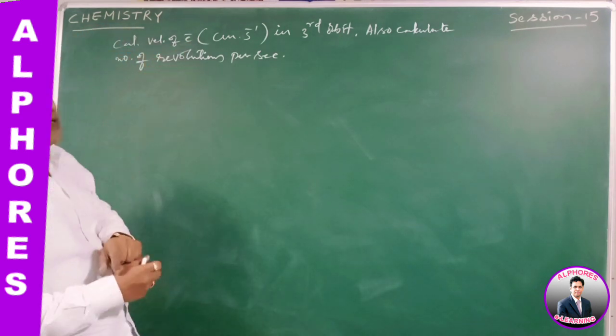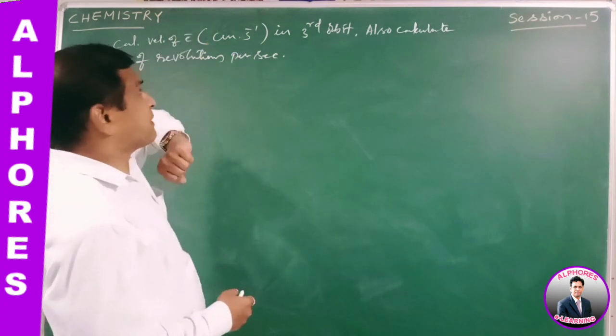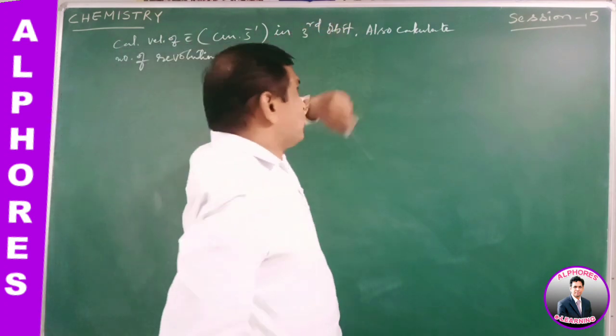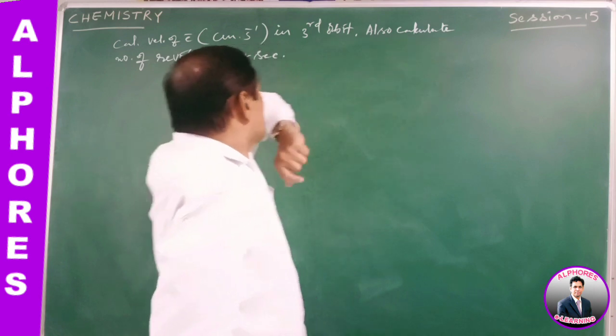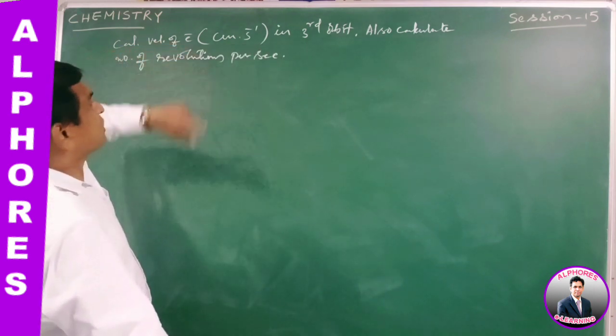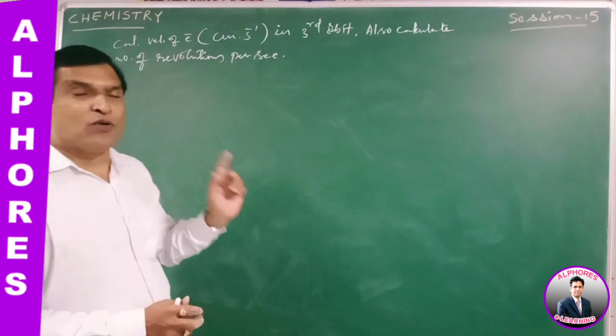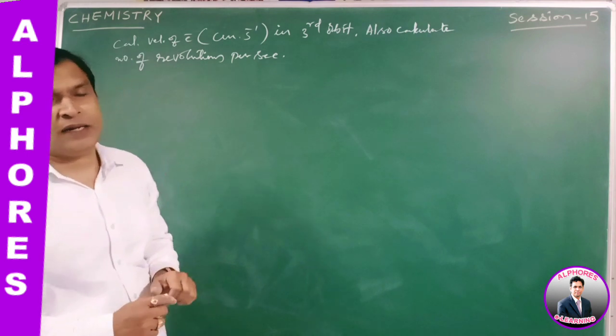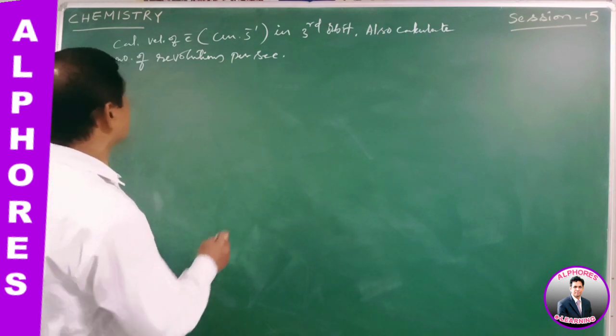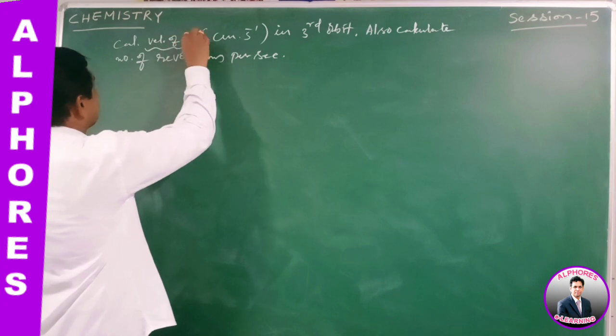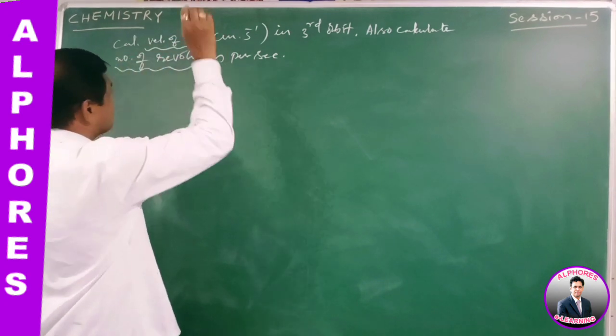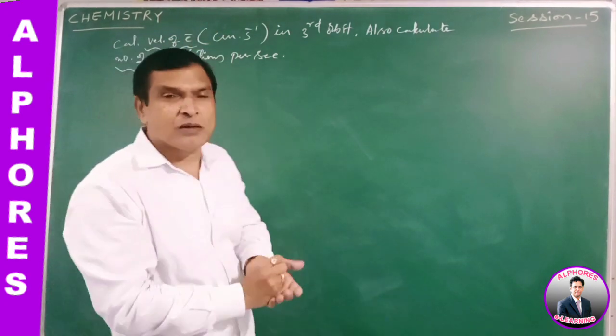Calculate velocity of electron in centimeters per second in third orbit of hydrogen atom, and also calculate the number of revolutions made by the electron around the nucleus per second. That is, we have to calculate velocity of the electron, that is one, and the number of revolutions. So two things we have to determine in this problem.